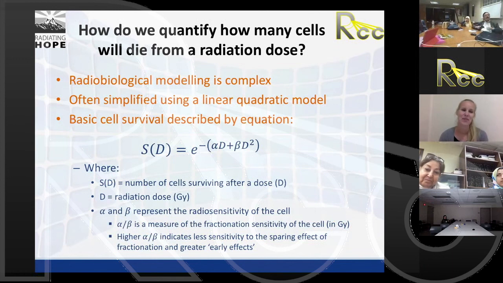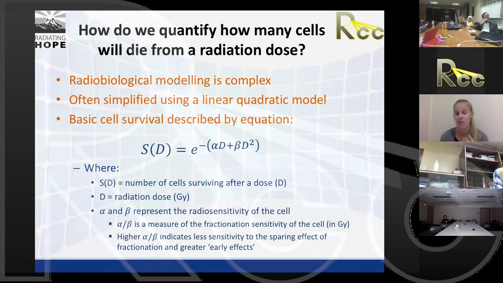So we often simplify a lot of our radiobiological modelling using the linear quadratic model. I'm sure you've all heard of this before and seen the basic cell survival equation, where the number of cells surviving after a given dose of radiation is given by this equation. We've got our alpha and beta, which represent the radiosensitivity of the cell.